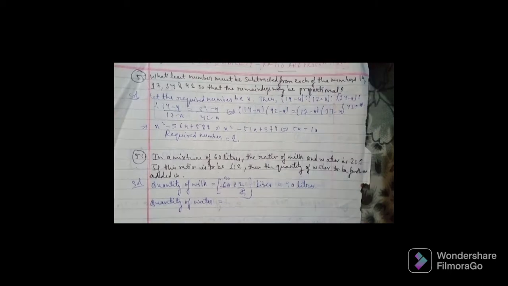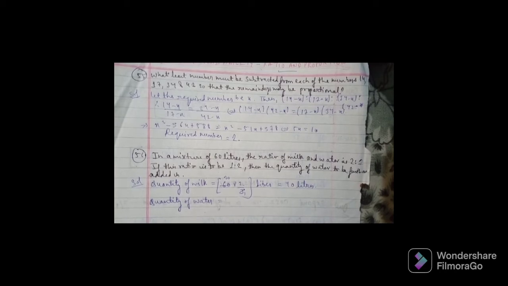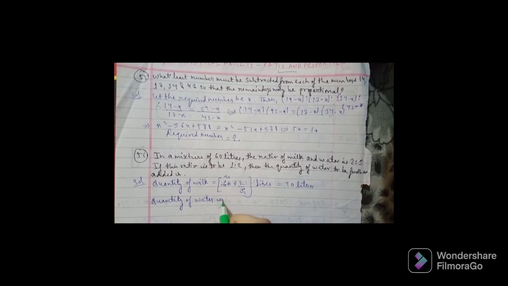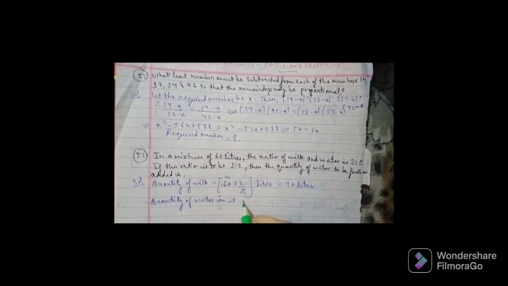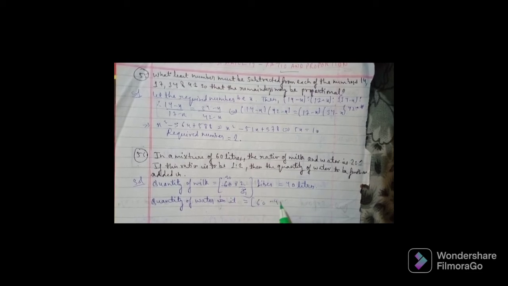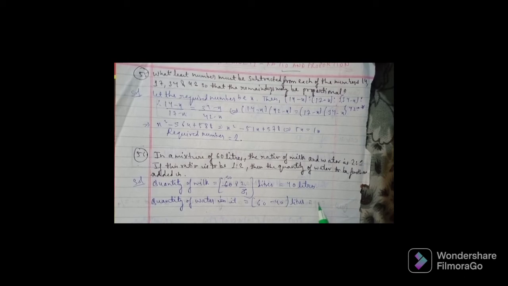Next, for the quantity of water, it is 60 minus 40 liters, so we get 20 liters.